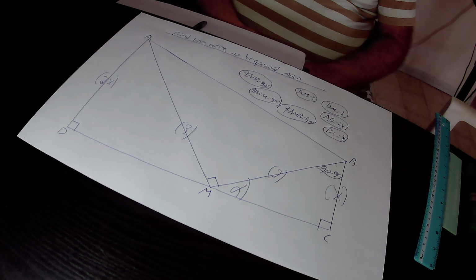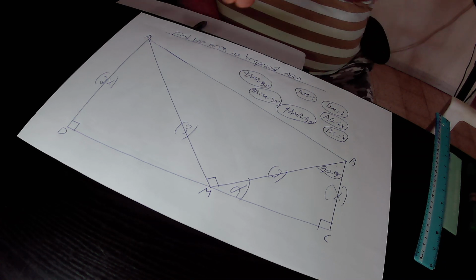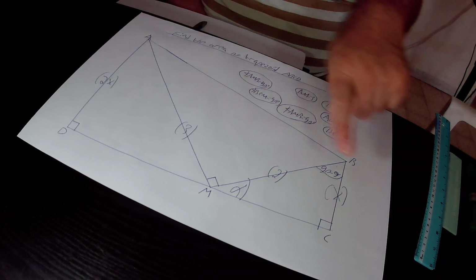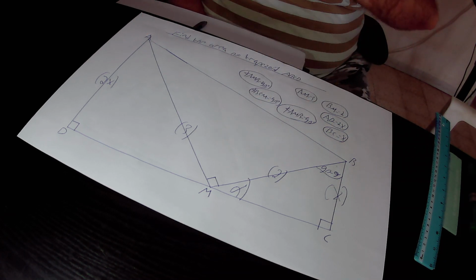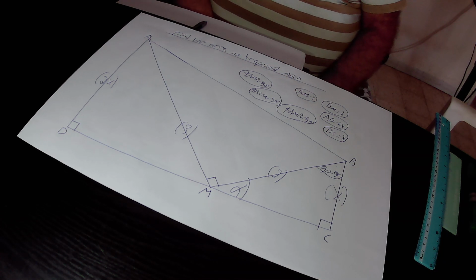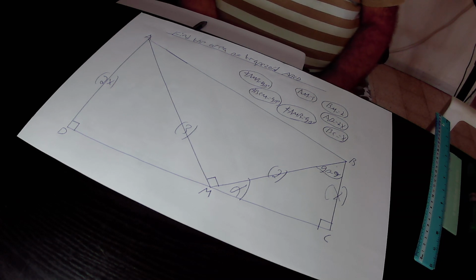DC is one side of trapezoid ABCD, therefore it is absolutely a straight line. So if you focus on the upper side of the straight line DC, there is point M here. So here the sum of the angles must be equal to 180 degrees, according to rule 3, that says that the sum of the angles on one side of a straight line is equal to 180 degrees.